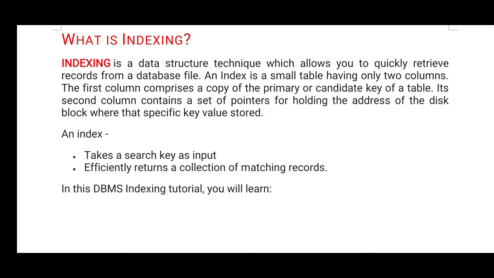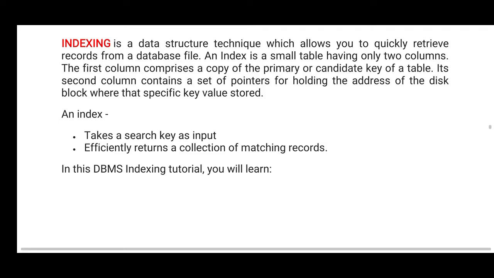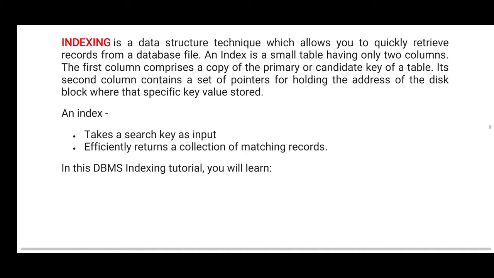Here, the first column comprises the primary key or a candidate key of a table, and the second column contains the set of pointers holding the address where that specific key value is stored.